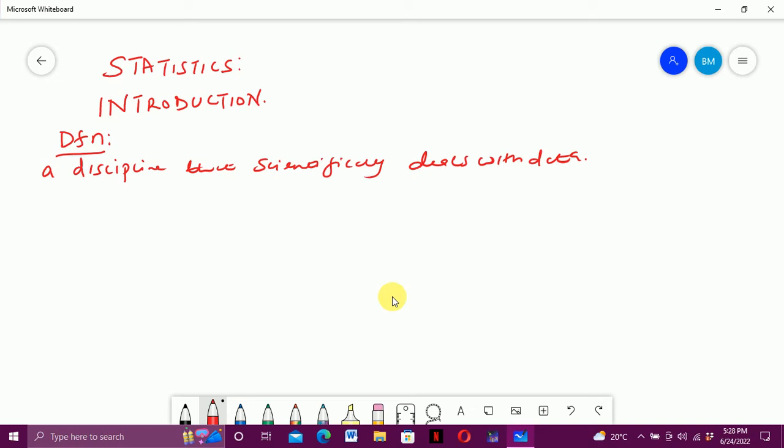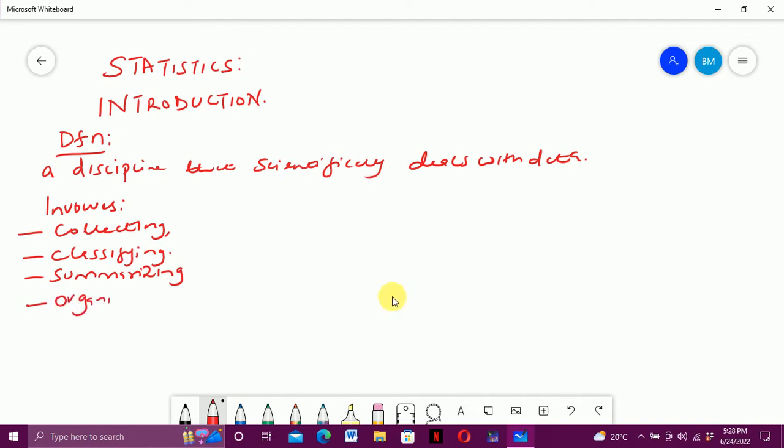So now statistics involves collecting, classifying, summarizing, organizing, analyzing, and interpreting numerical information.